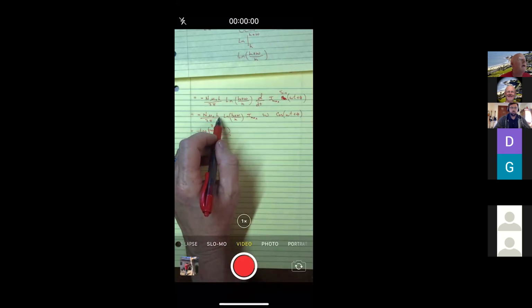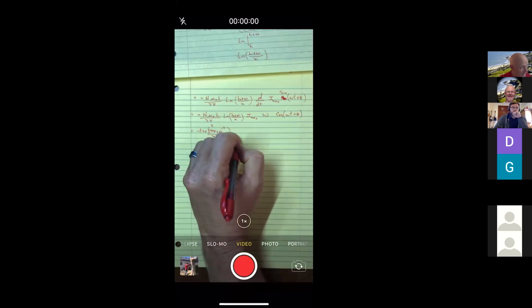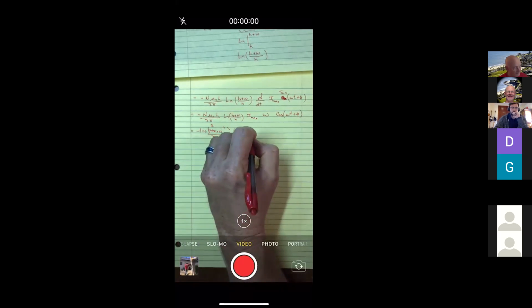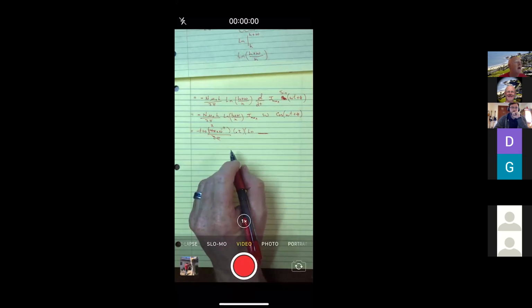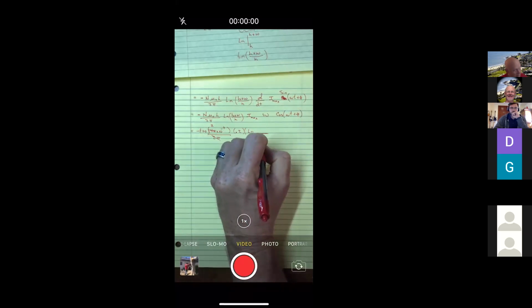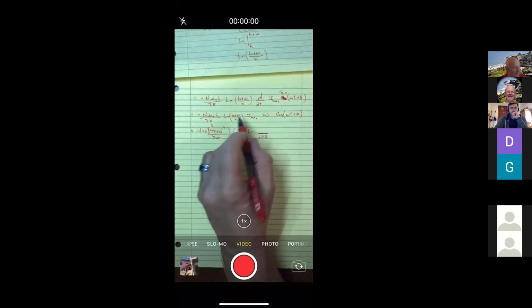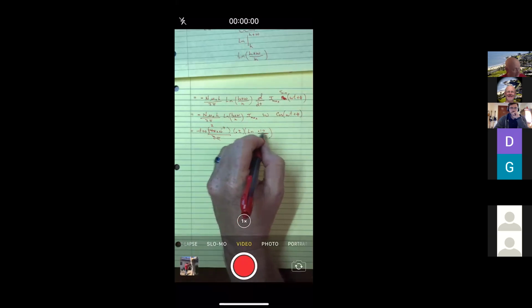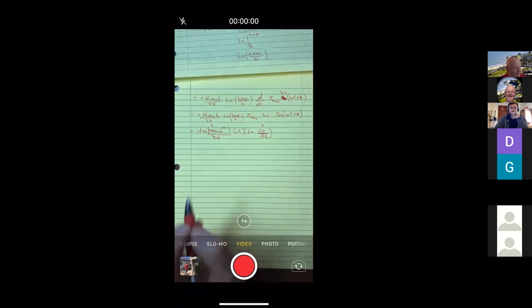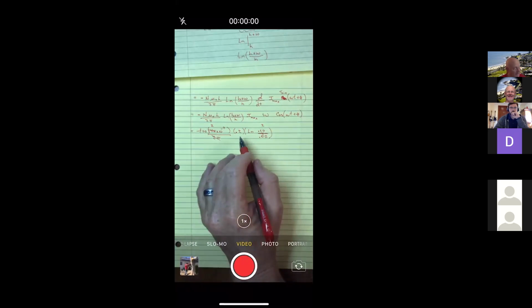L, they say, is 20 centimeters, so I'm going to write it in terms of meters. This is the natural log. The H and the width W are each 5 centimeters, so this would be 0.05 downstairs. And then when you add them together, that's 0.10. In fact, that is just 10 divided by 5. So that's a 2. I'll save myself some more keystrokes in a moment.